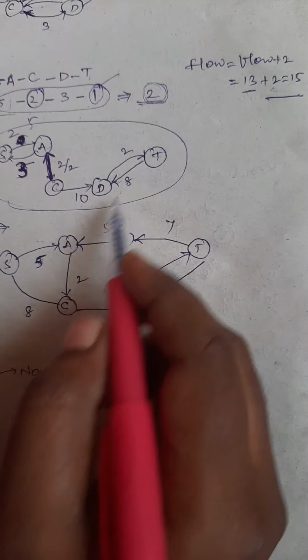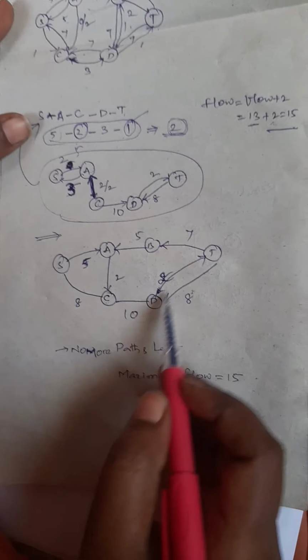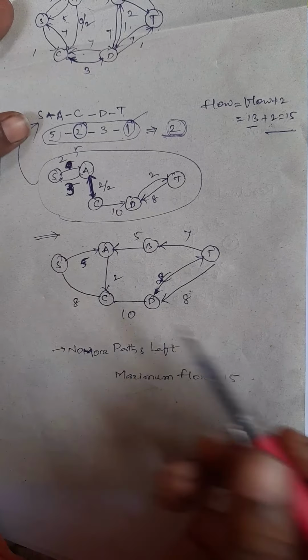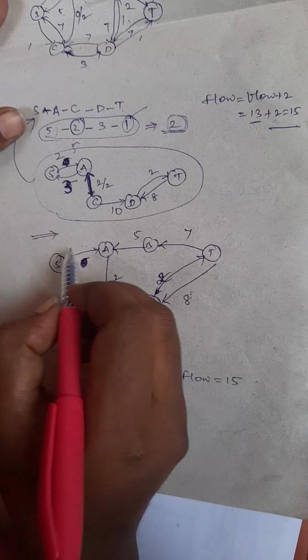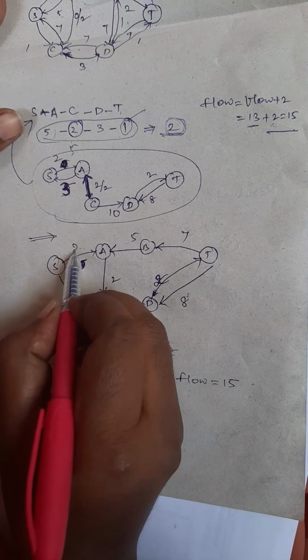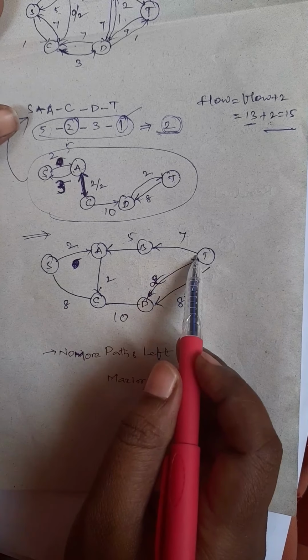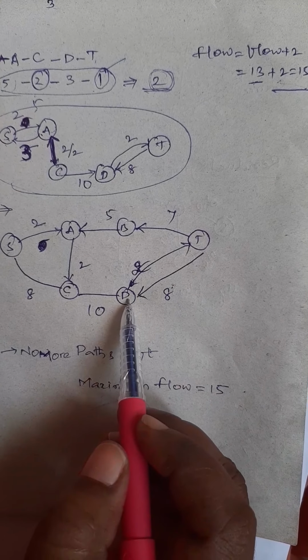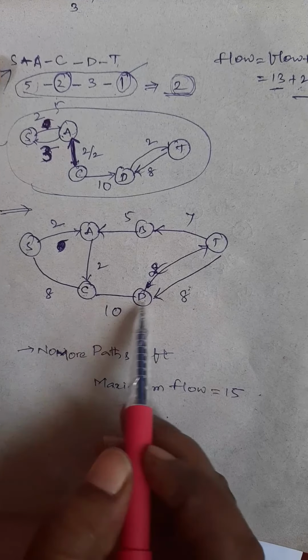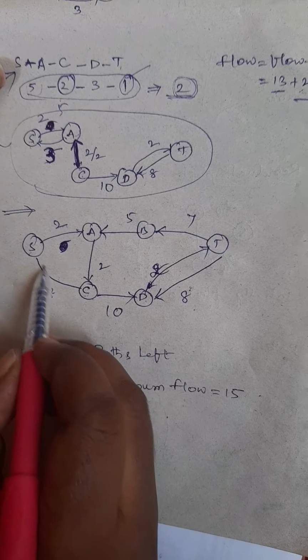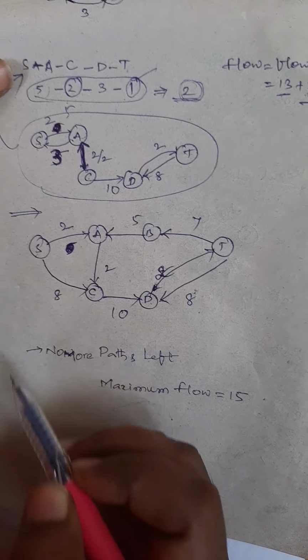Now complete. Add this residual graph and construct the path. So we'll get S to A is a 2, complete graph 2, 5 and B to 7, and this is a 2 and 8. C to D is a 10, and S2C is 8.